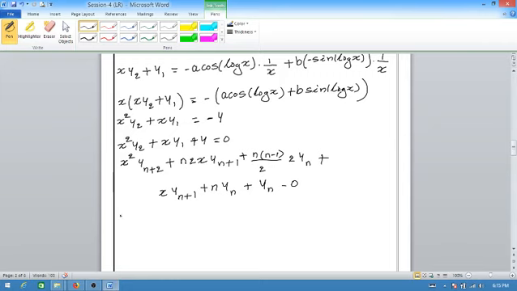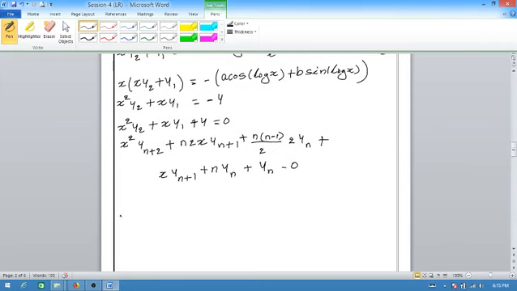So now simplify this, you will get the nth derivative. So first x square into yn plus 2 plus, so take yn plus 1th term. So this is yn plus 1th term and this is yn plus 1th term.